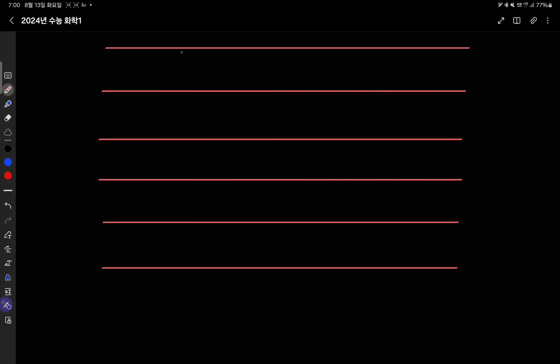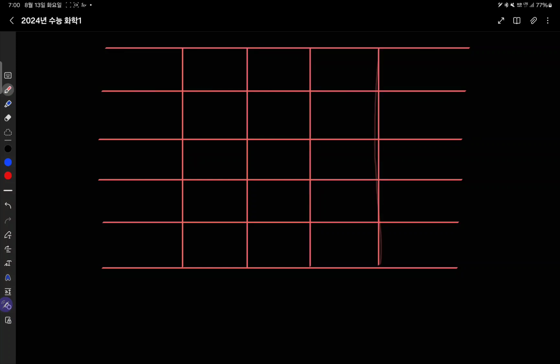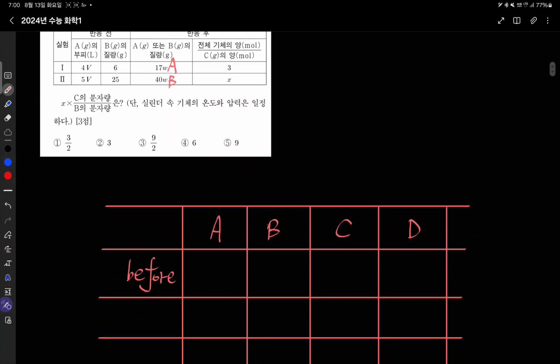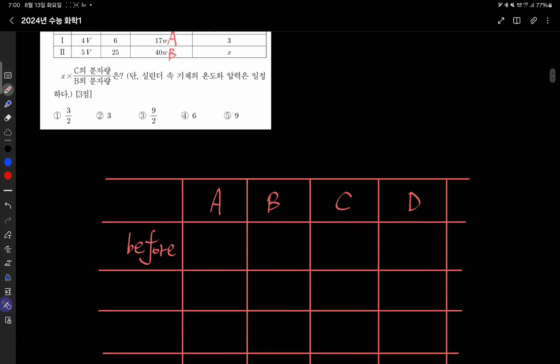So there are 4 reagents: A, B, C, and D. So before the first experiment, the amount of gas A in mole is 4 times V divided by the molar volume of A. Let's say the molar volume of A is VA.